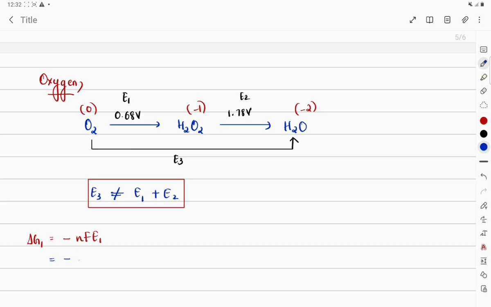So this is going to be minus 1 into Faraday. I'll just represent it as F itself, because in the end F will just cut off. Into E1, which is 0.68 volt. So delta G1 is actually minus 0.68 into F.